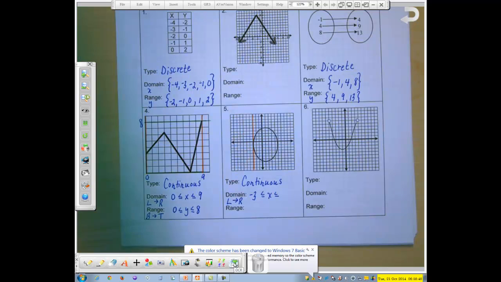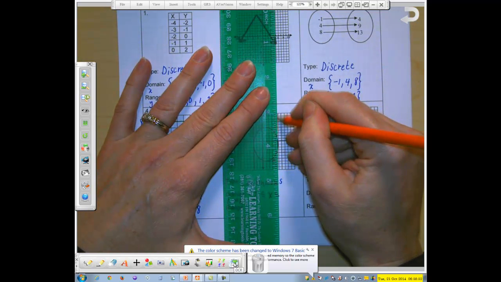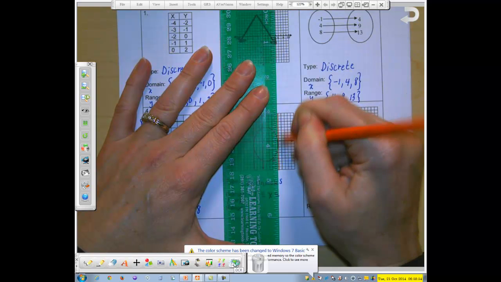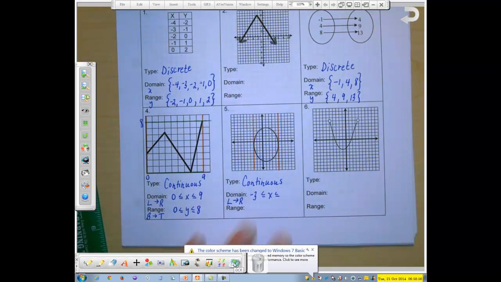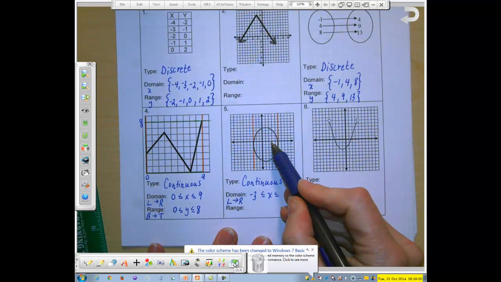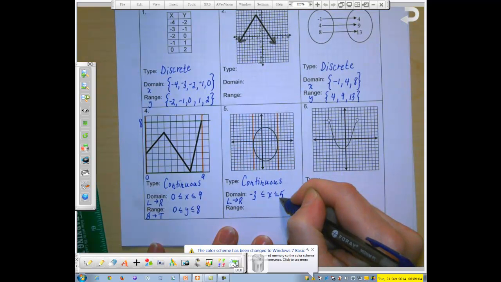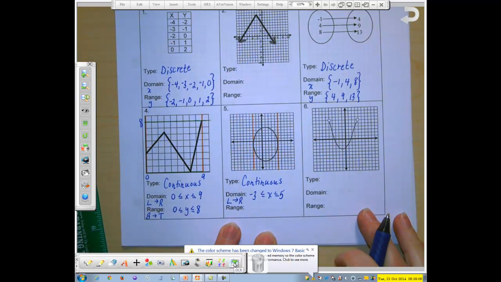Now we're going to draw a line across the rightmost boundary of our graph. And we look to see where that line crosses the x-axis. 1, 2, 3, 4, 5. So the rightmost boundary of our domain is 5. So our domain is all values of x between -3 and 5, also including -3 and 5.